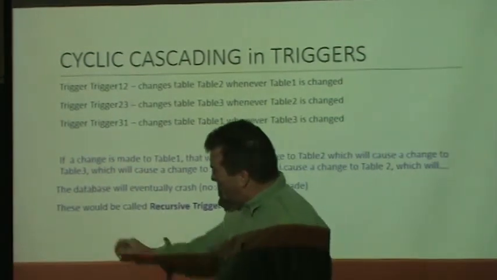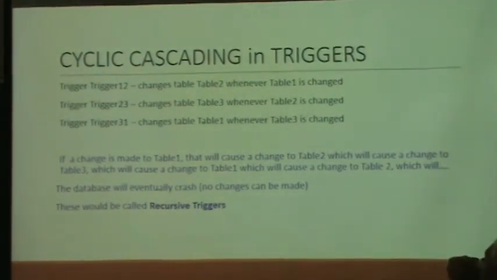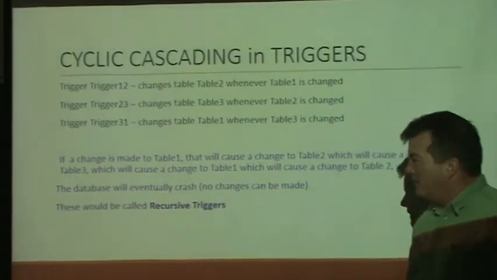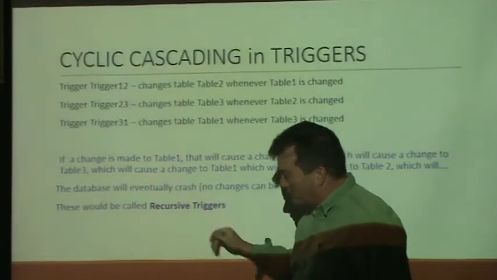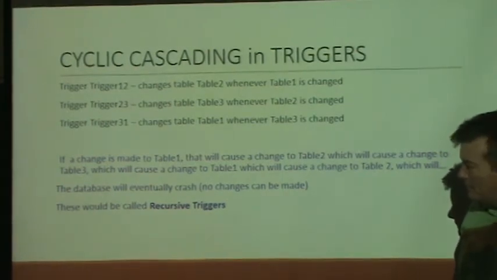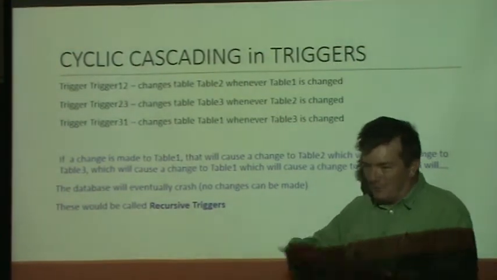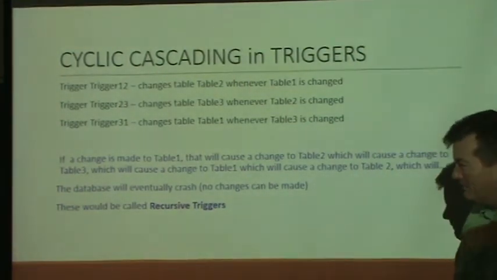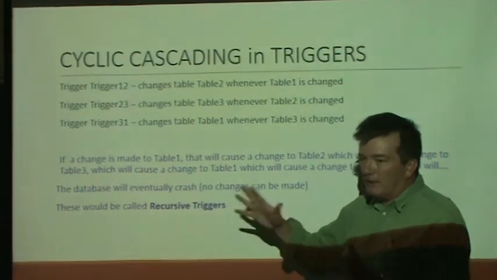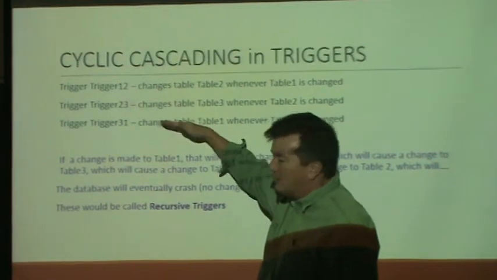So this would be known as recursive triggers. Wherever a trigger calls a sequence of triggers that causes that trigger to run yet again. Now, depending on which database you're using, if you do this, you're just going to go into an infinite loop and the database will close. You have to be careful. Other ones, you can actually say, don't allow recursive triggers. So if somebody put these triggers in, the last one would get blocked.